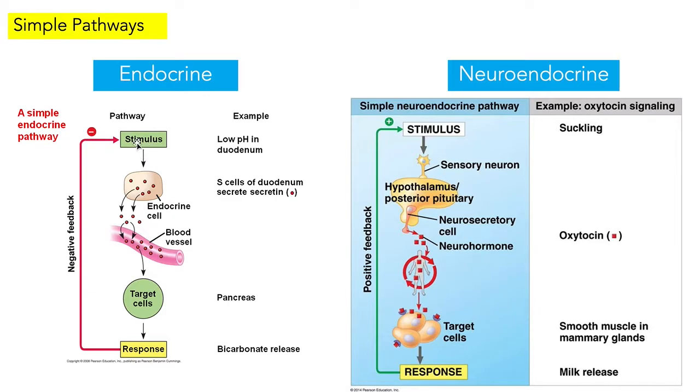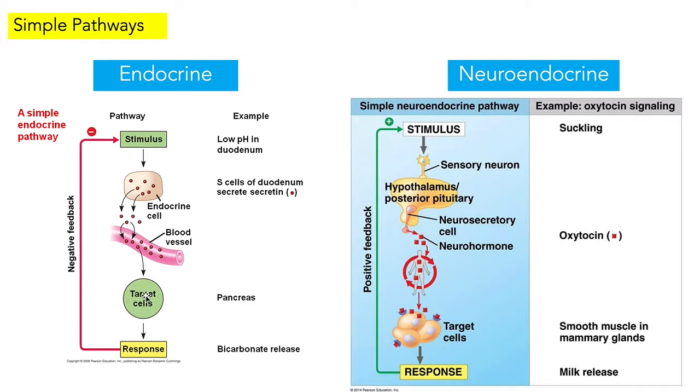So you've got a stimulus, and the stimulus could be a nervous system stimulus. It could be another hormone arriving. It could be a chemical stimulus like calcium or glucose. And then you've got the endocrine cells associated with the gland producing something, like in the case of the small intestine producing secretin, a hormone that goes into the blood circulatory system and arrives at target cells.